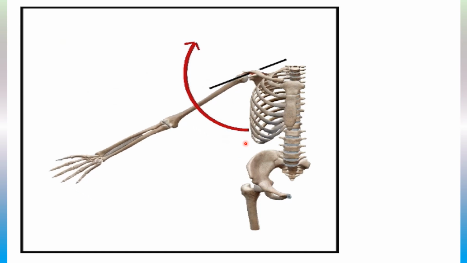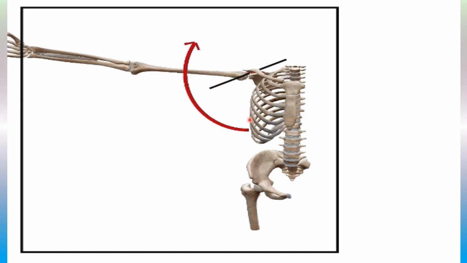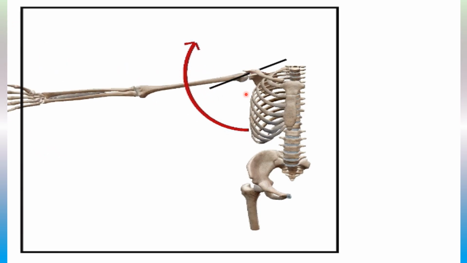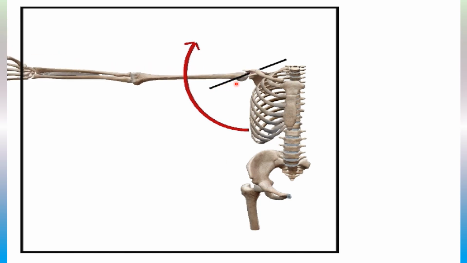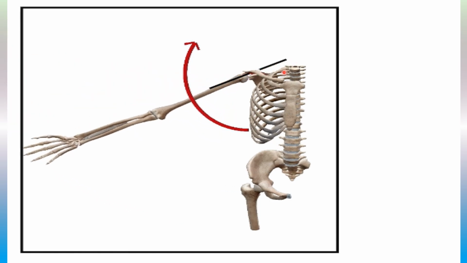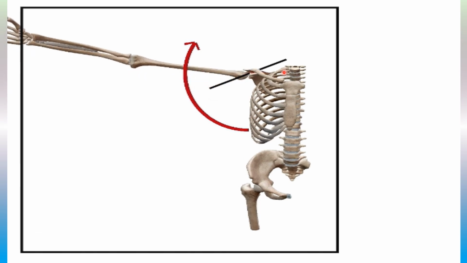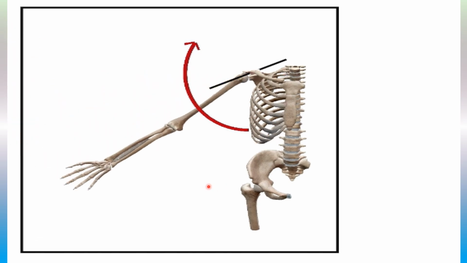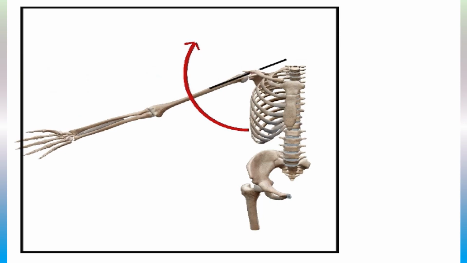However, our axes of rotation are always perpendicular to the plane, and you can see here z-axis anterior posterior going through the shoulder, allowing a hinge to bring the shoulder out to the side.